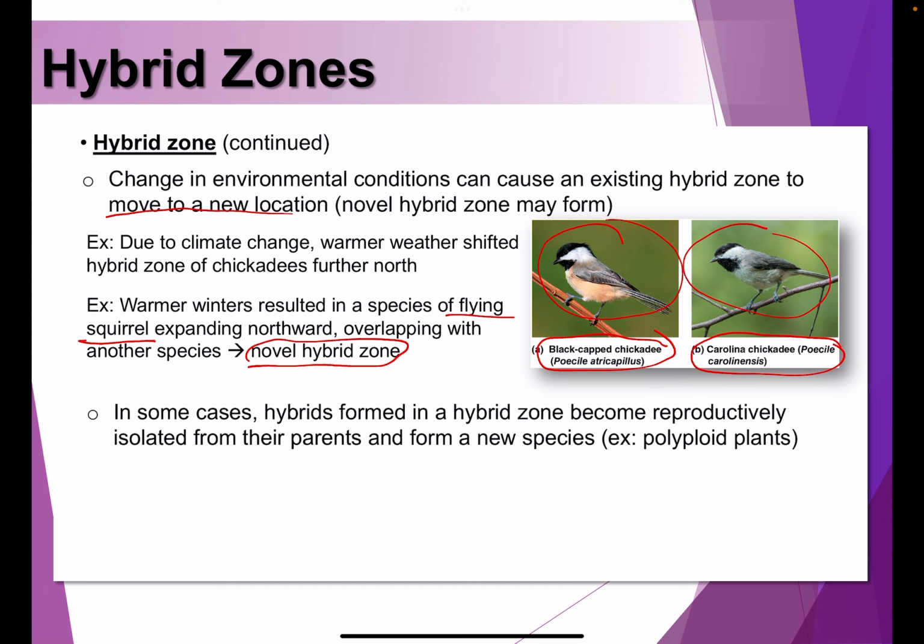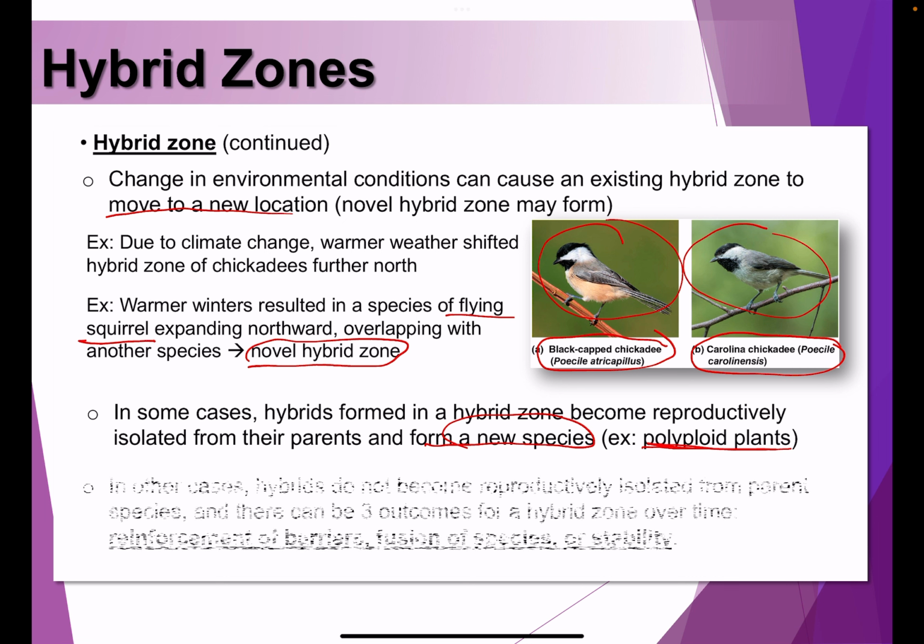So in some cases, hybrids formed in hybrid zones become reproductively isolated from their parents, and that's how they're able to form new species, such as what we talked about for quite a bit, the polyploid plants, the goatsbeard, where we're able to form 2 new species from 3 species. So now instead of having 3 species of Tragopogon in that area, they now have 5 different species. So some polyploid plants actually can't interbreed with their parental species, and that's how they form a whole new species themselves.